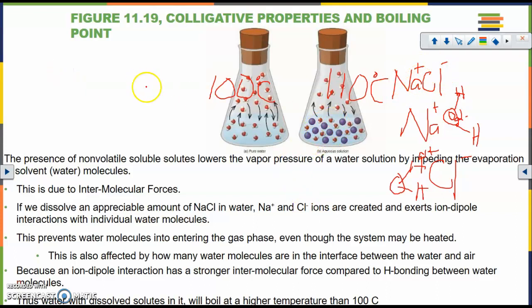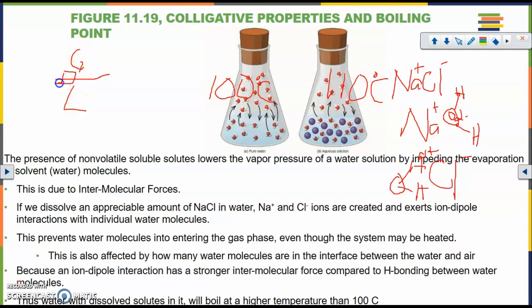The other thing that happens is there's an interface between the gas phase and the liquid phase. So if this is water, there's an interface. Normally, if this area is uniformly water, water is going to escape very easily from the liquid to the gas phase.